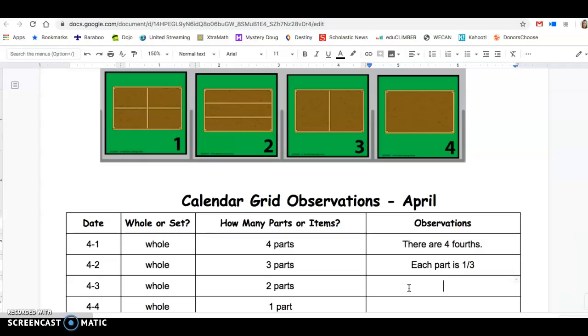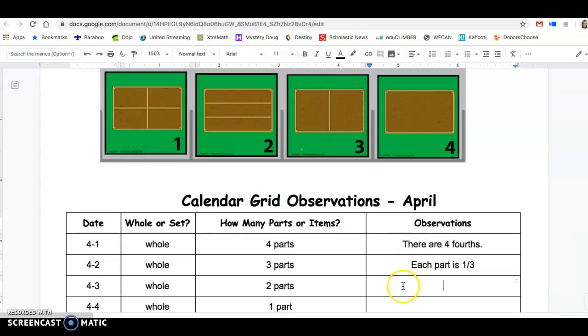Let's look at calendar marker number 3. So I noticed that there are 2 equal parts. Each part is a half. But what's really cool about this calendar marker is that I noticed that 1/2 over here plus 1/2 over here would equal the whole garden bed.